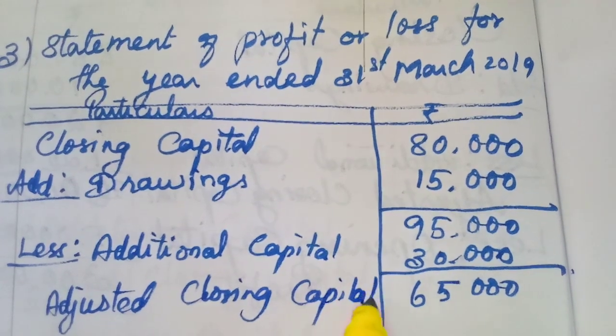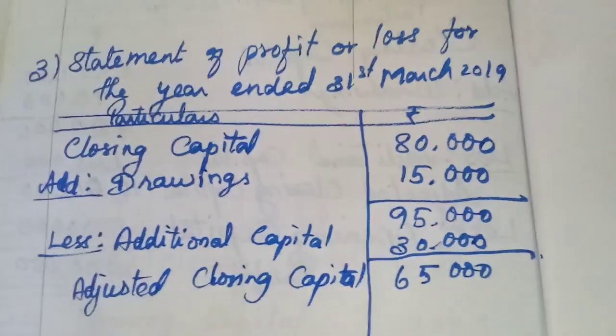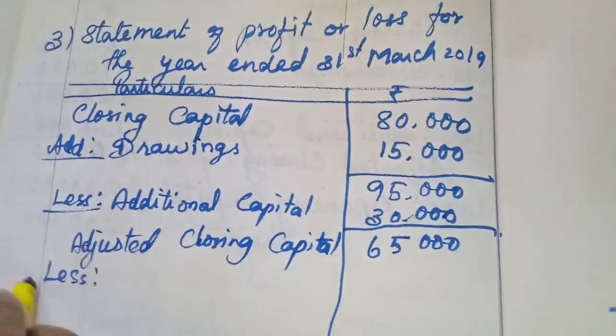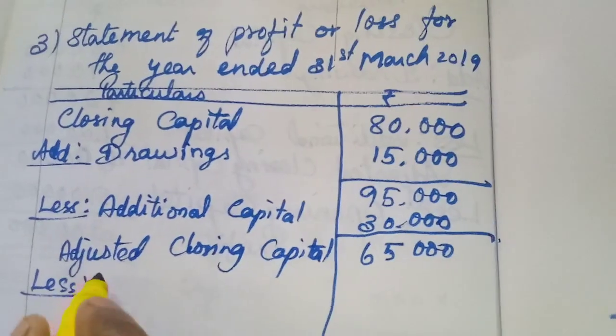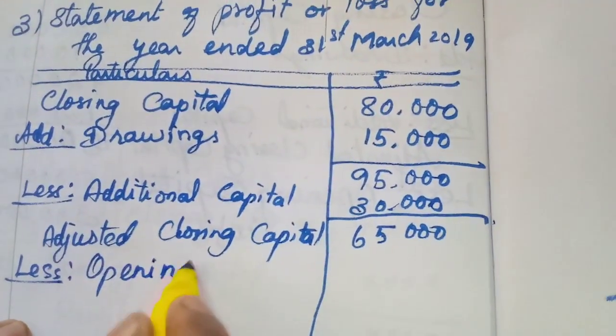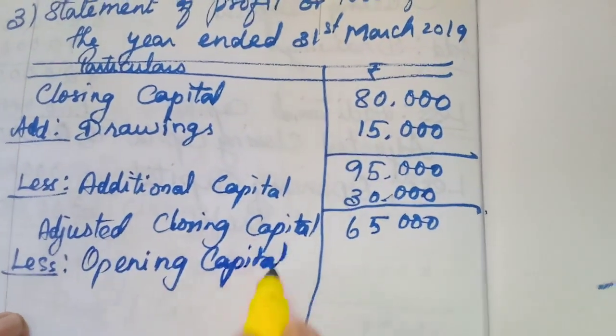From the adjusted closing capital, what we have to do? We have to deduct the opening capital, but they have not given the opening capital. Even then, you have to write there first, less opening capital. But we do not know the amount, isn't it?